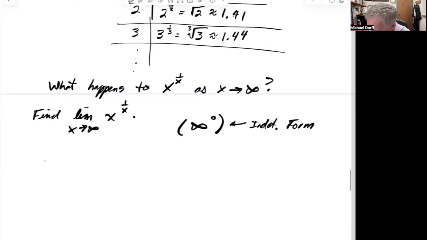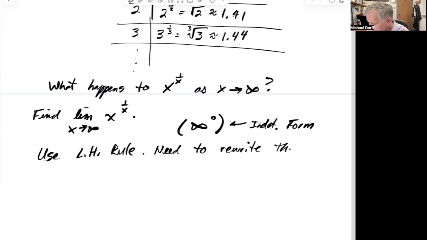So we're going to use L'Hopital's rule. But we don't have a 0 over 0 or infinity over infinity. So we need to rewrite this as a fraction, or more precisely, as a rational expression, a ratio of something over something.